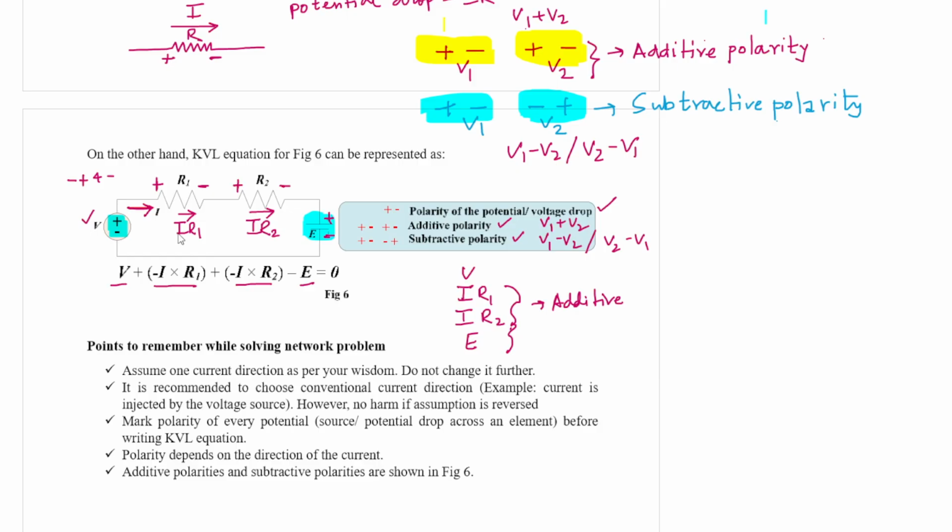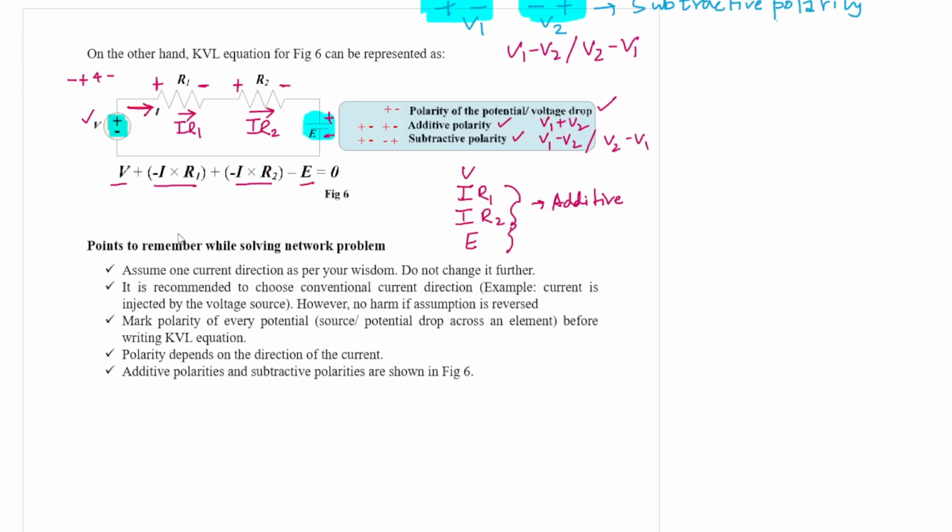In other words, we can write the left hand side V equal to the right hand side, all the additive polarities, that means IR1 plus IR2 plus E. Both are the same. It is a different approach through which you can understand this concept.